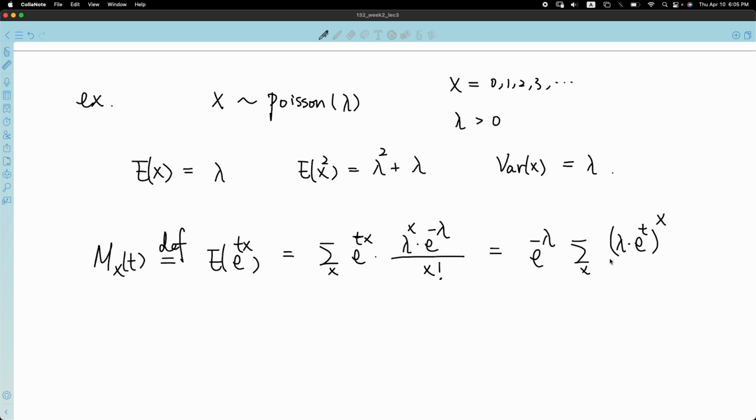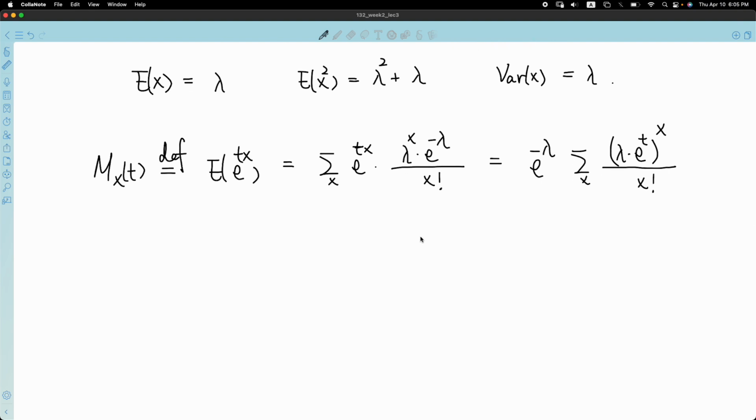Do you agree with that? Now, looking at this expression, does that remind you of something we have seen before? What can we substitute this expression with?